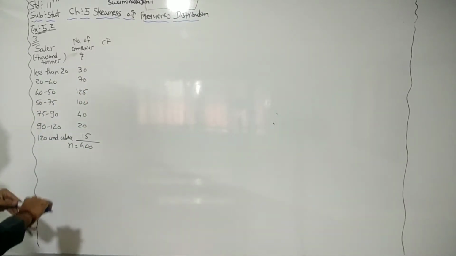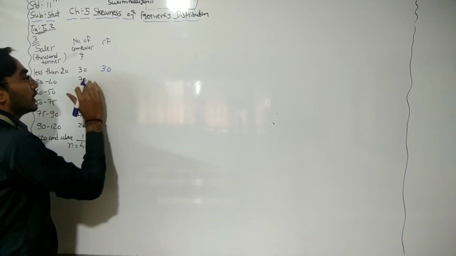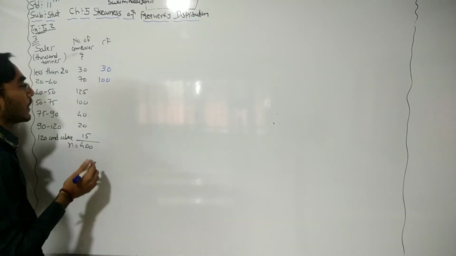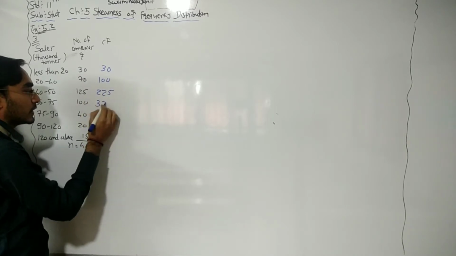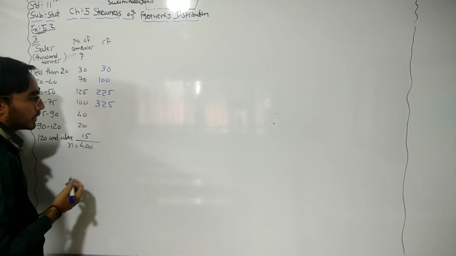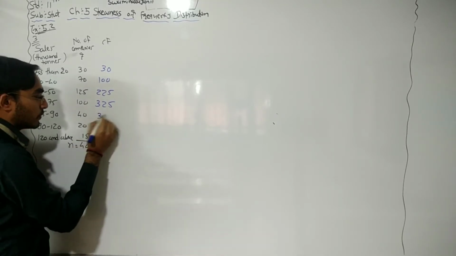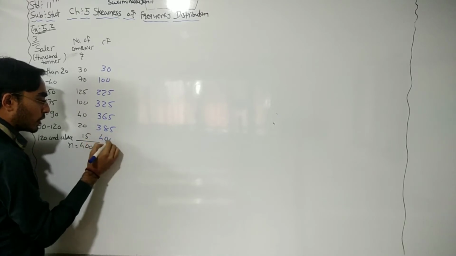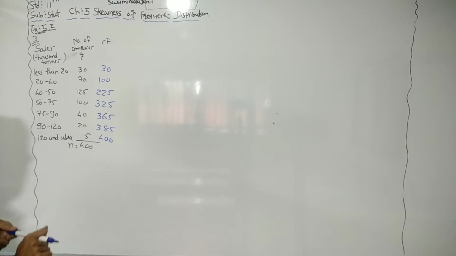First frequency is 30, now 70 plus 30, 100, 100 plus 125, 225, plus 100, 325, plus 40, 365, plus 20, 385, plus 15, 400. So here our CF is ready.